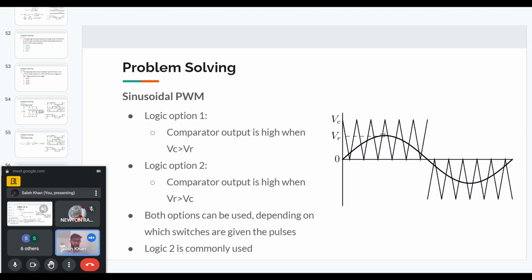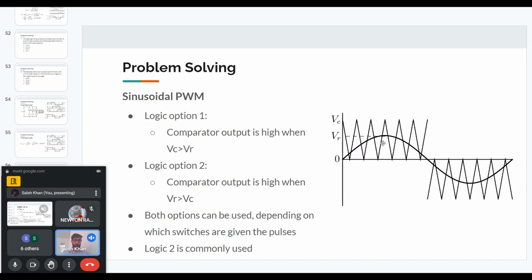The carrier goes from 0 to Vc and then again to 0, so for some duration the carrier is higher than the reference, and for other durations it is less.